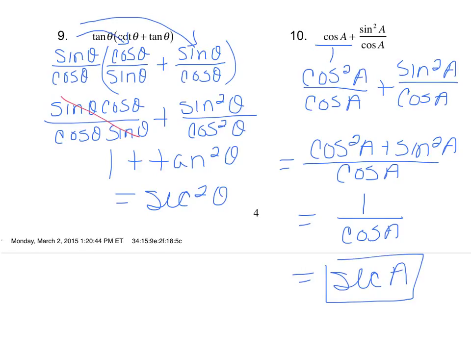So again, basically what we're doing is factoring and canceling as much as we can, or renaming it using sine and cosine or tangent or cotangent in order to reduce or simplify our expression.